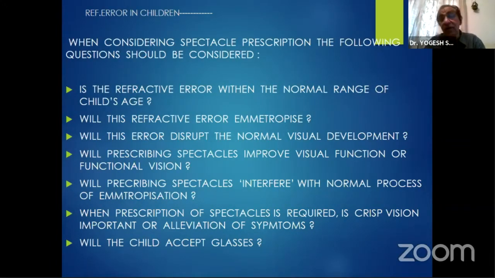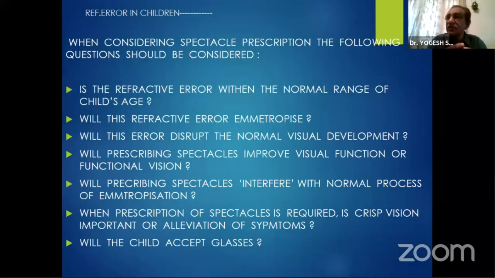Again, if you start treating a hypermetropia of 3 diopters or 2 diopters at 2 or 3 years of age, it will disrupt the normal process of emmetropization. The emmetropization would stop there because there is no impulse or stimulus. Emmetropization always occurs when there is hyperopia. When there is hyperopia, the eye always tries to compensate for or counter that hyperopia by enlargement.